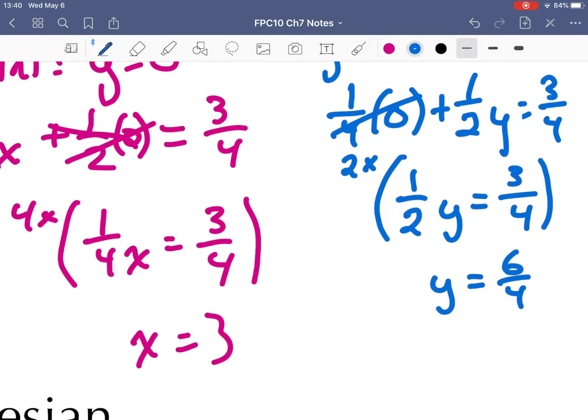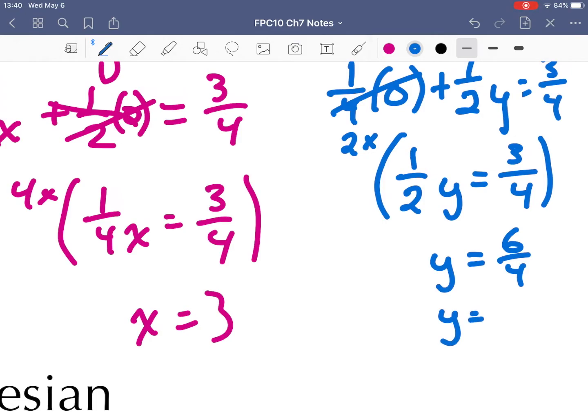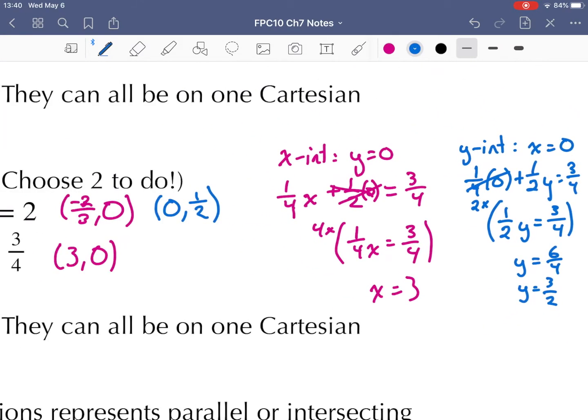Okay, now I want to get rid of this 1/2, so I multiply every term in my equation by 2. We'll get y is equal to 6/4, or y is equal to 3/2. So my y-intercept is at 0 and 3/2.